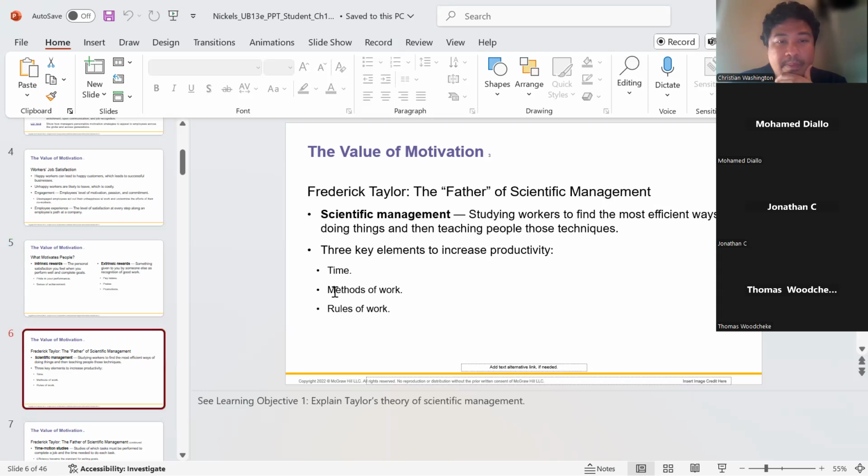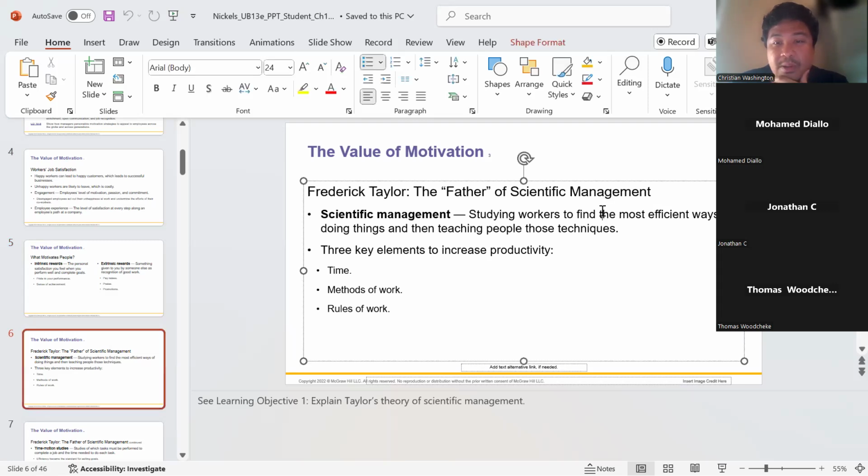So Frederick Taylor is the father of scientific management. He was trying to study to find the most efficient way to sort of understand people and being able to teach people techniques.